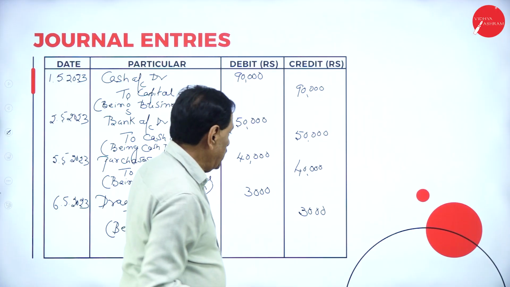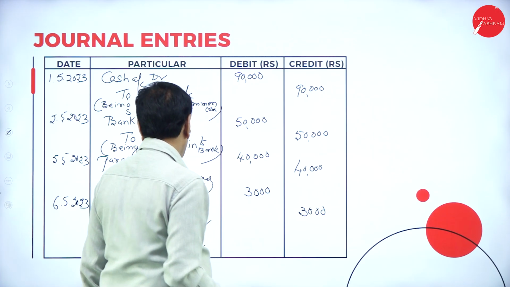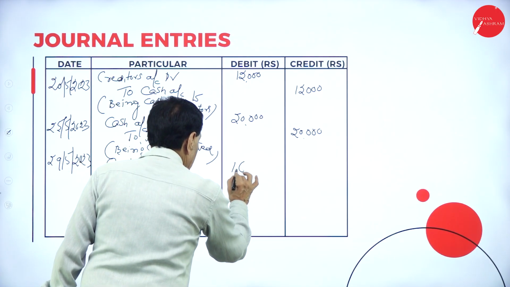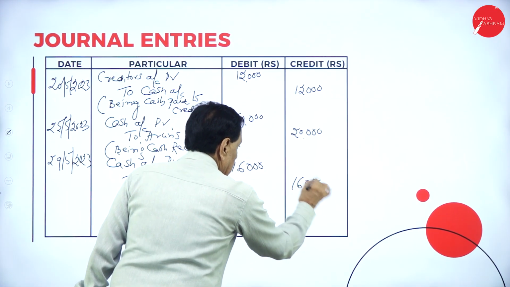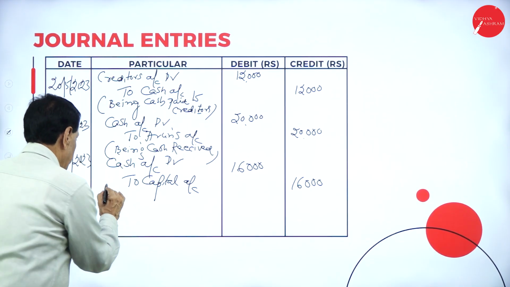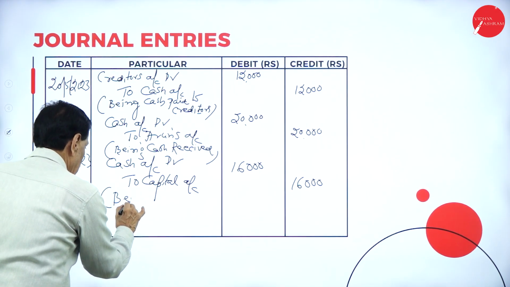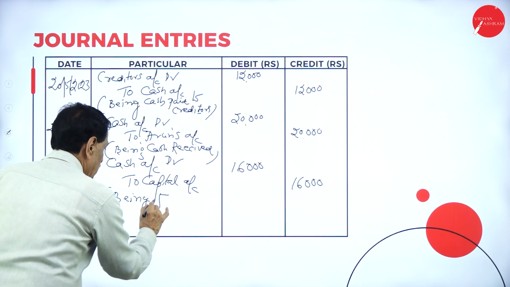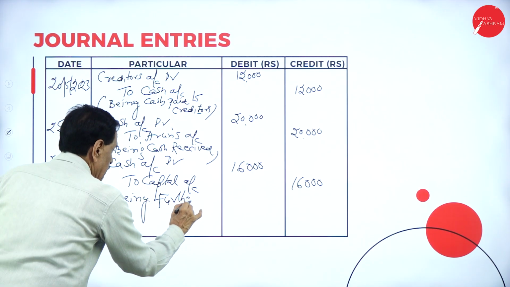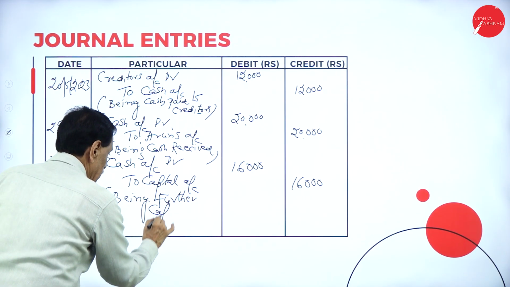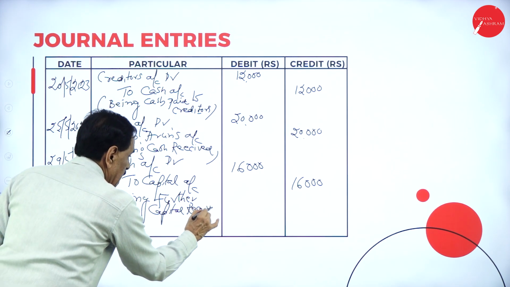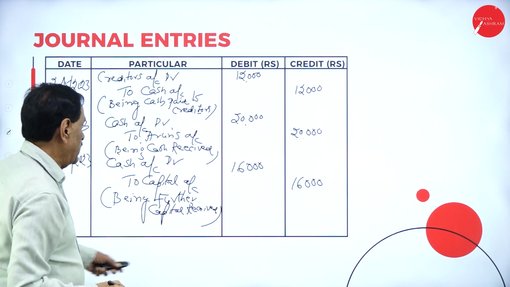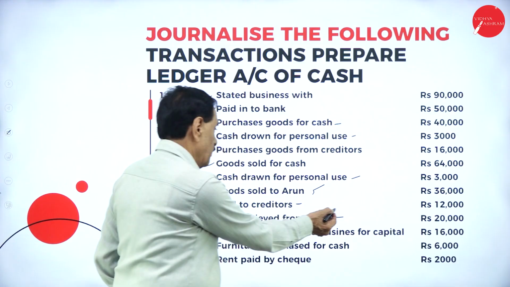How much money did you receive? 16,000, being further capital received. This is over.